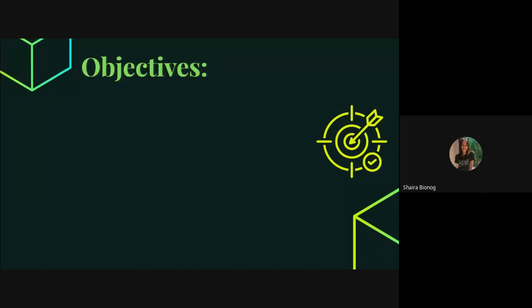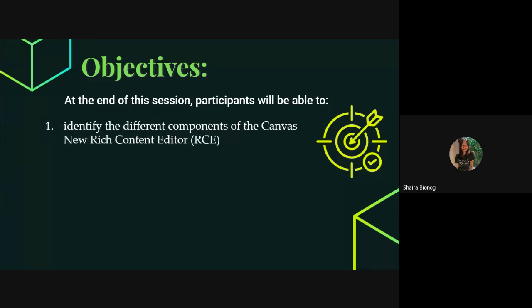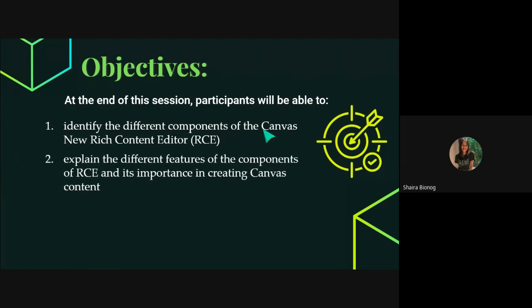So for today's session, these will be our objectives. At the end of this session, participants will be able to, first, identify the different components of the Canvas New Rich Content Editor or the RCE. Second, explain the different features of the components of RCE and its importance in creating Canvas content. Through our live tutorial or demonstration later on, you will learn the different features of the components of RCE as well as how to use them.